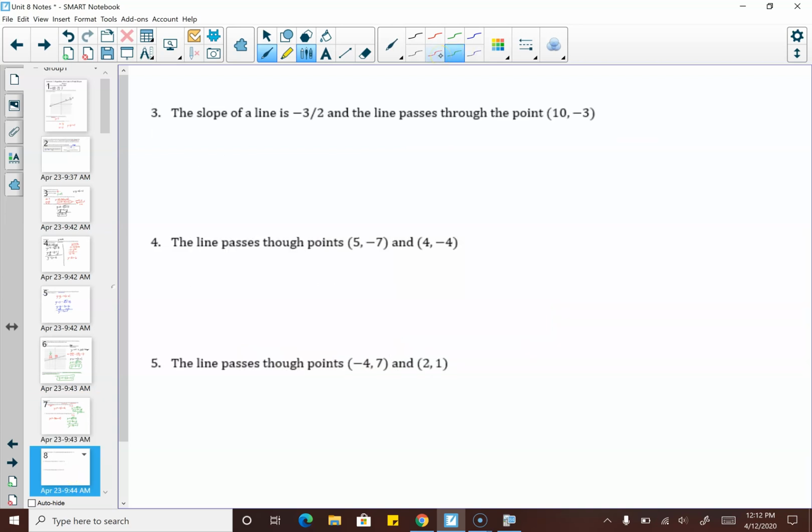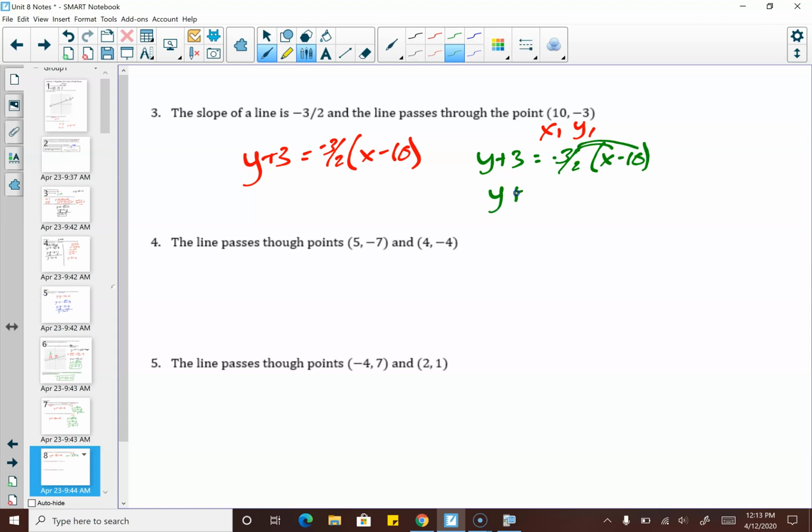The slope of the line is -3/2, and the line passes through the point 10, -3. So x1, y1. So y minus -3, so we'll clean it up and just write plus 3 equals -3/2 parentheses x minus 10. Okay, so rewrite it over here to be able to distribute. Now, if you just want to distribute off your first writing, that's fine.